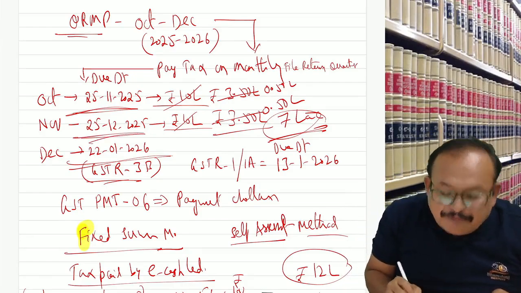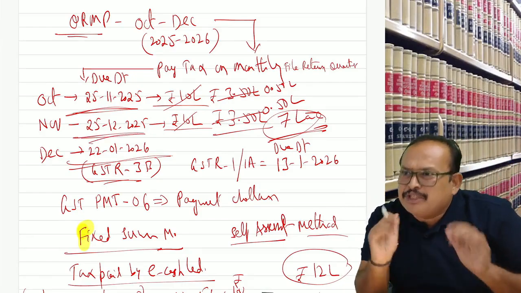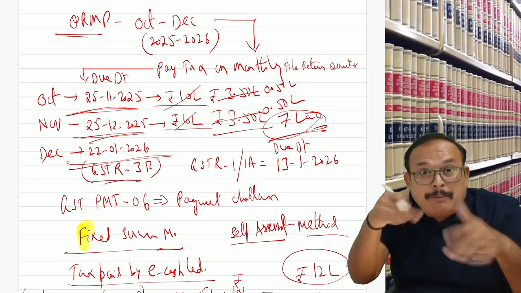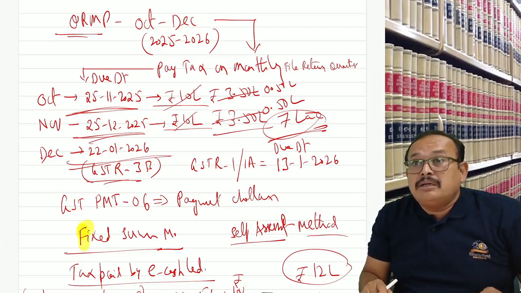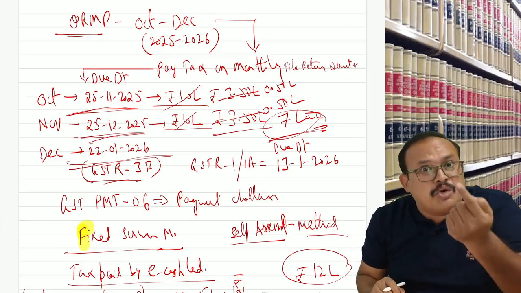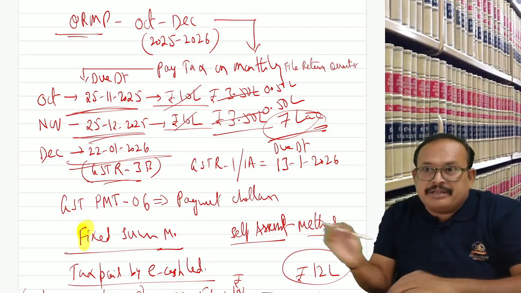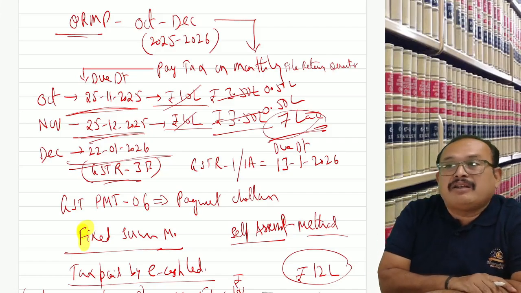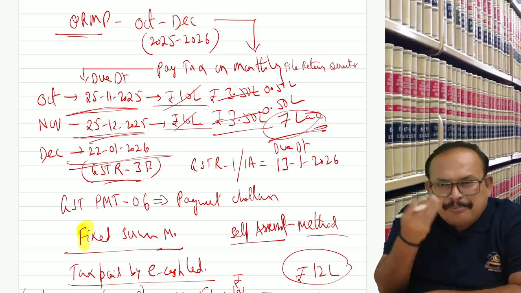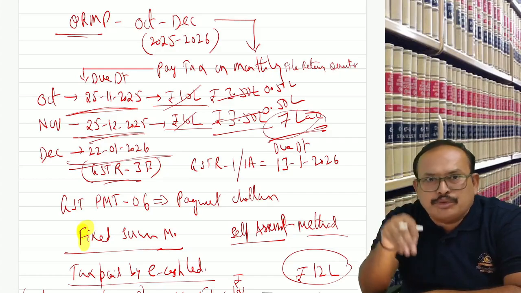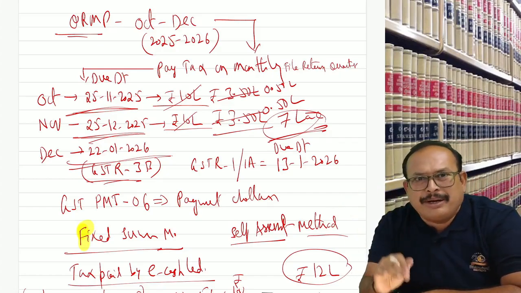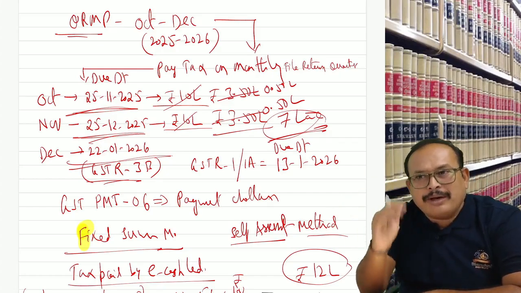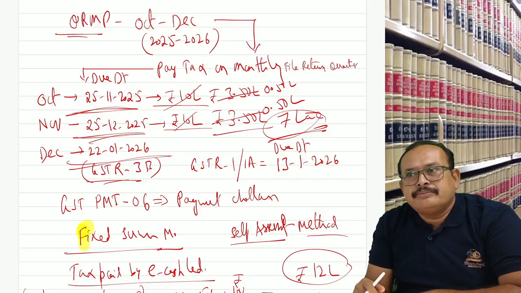By 25th of December, not paid, 0 amount. You are liable to pay but not paid, not even a single rupee. Poor fellow, pays interest from 26th December onwards, till the date of payment. If something was paid on the due dates of the first two months, even 1 rupee, okay.